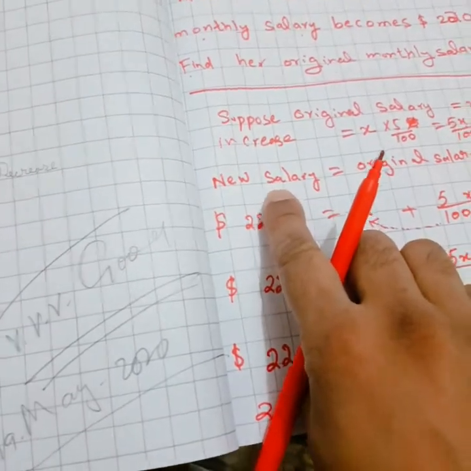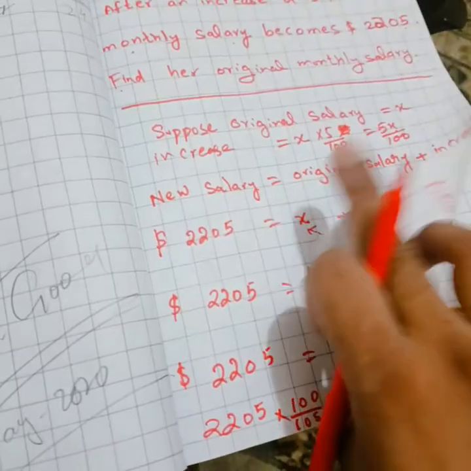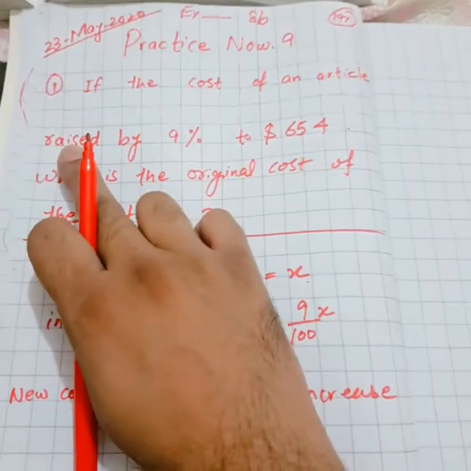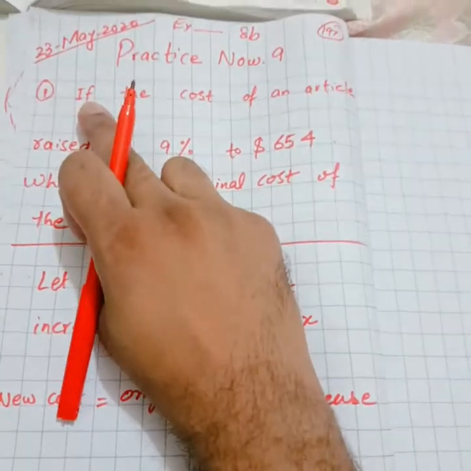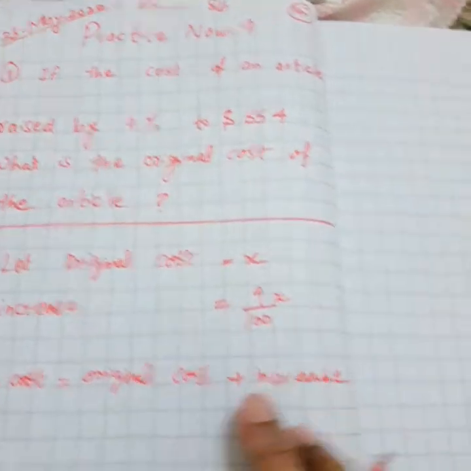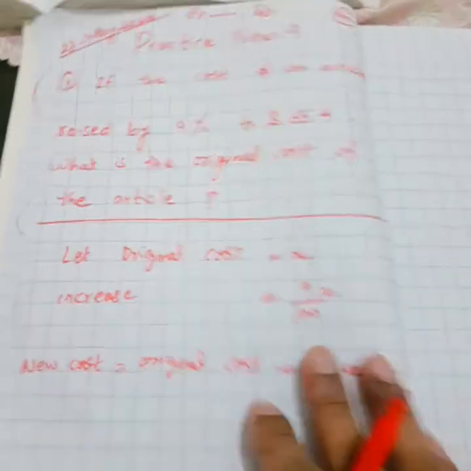Here is new cost, here it was new salary, here is original cost, here it was original salary, plus increase. The word raised here means the increase. If the cost of an article is raised by this, if there was a decrease, we shall do the subtraction. If there is an increase, we shall do the addition.